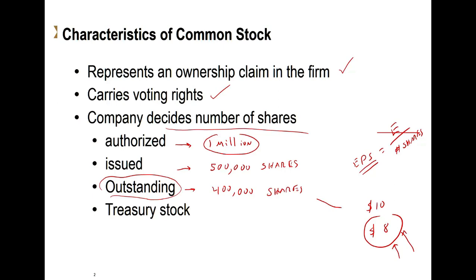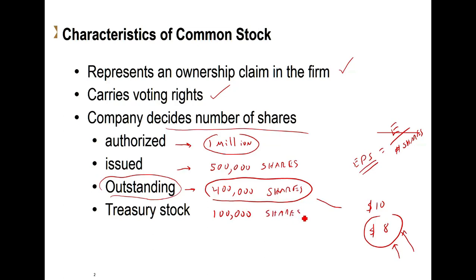So many companies use their excess liquidity, if they see that the stock is undervalued, to buy back their own shares. That's why, even though I issued 500,000, currently there are only 400,000 outstanding. That means that there are 100,000 shares, more than likely, as treasury stock.